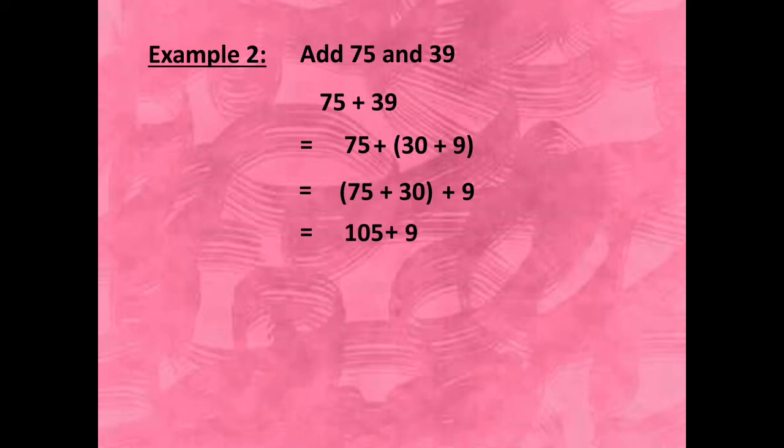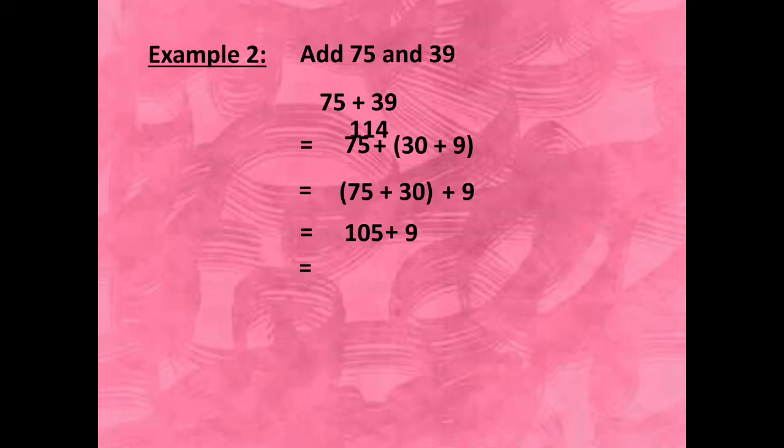Then 105 plus 9: we have to add 9 by forward counting, that is 105, 106, 107, 108, 109, 110, 111, 112, 113 and 114.